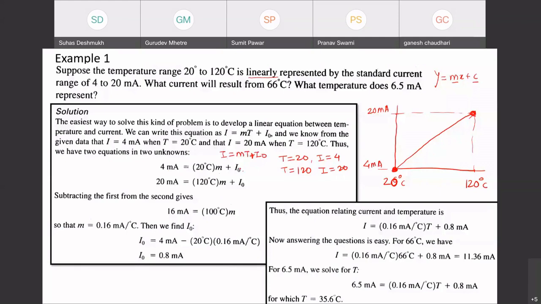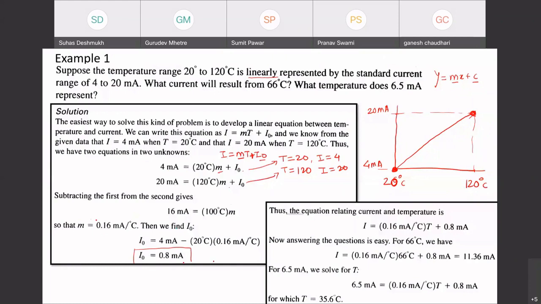Now I can simplify this and determine the M and I0 values. Once I got the M value, I also got the I0 value, which is 0.8 milliamperes.